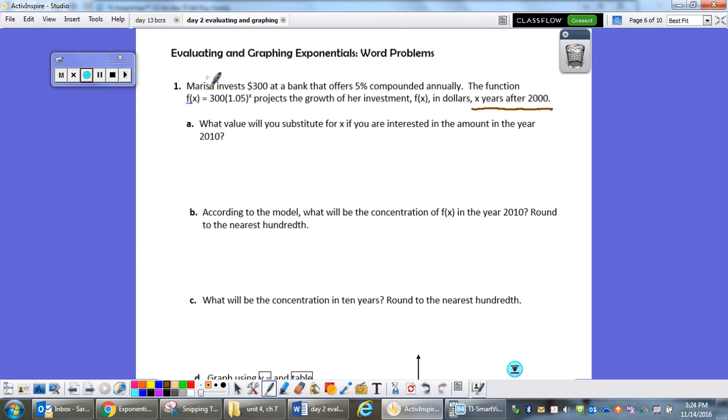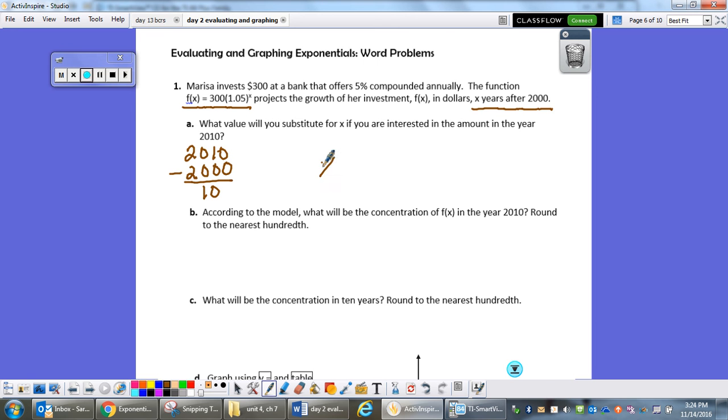So the key here is they give you your equation, and they give you what x means, but x is years after 2000. So what value will you substitute for x if you're interested in the amount in the year 2010? Now, if you're good with your math, which most of you are, you can realize that 2010 is 10 years after 2000, or you could do 2010 minus 2000 to get 10.